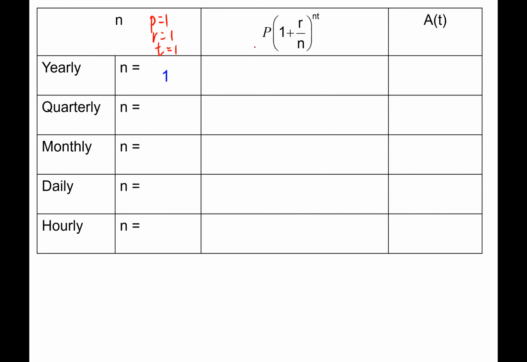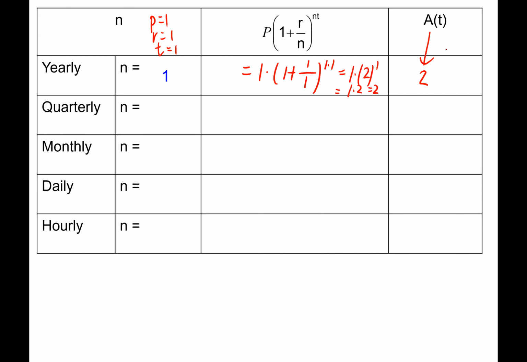Let's see what the ending balance is here. So it'll be 1 times 1 plus the rate, 1 over 1, to the 1 times 1, right? So that basically gives us 1 times 2 to the first power. So this is 1 times 2, gives us 2. So that means the ending balance is 2 if it is compounded yearly.